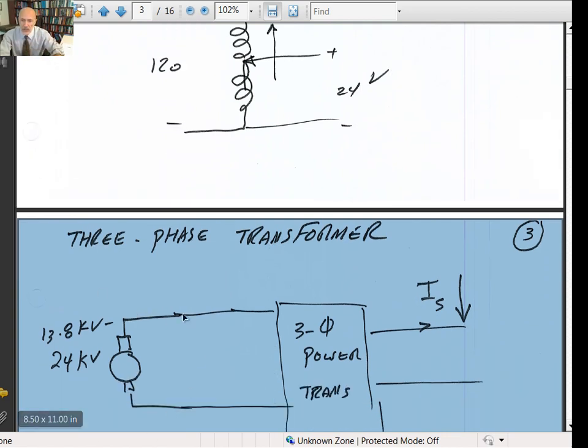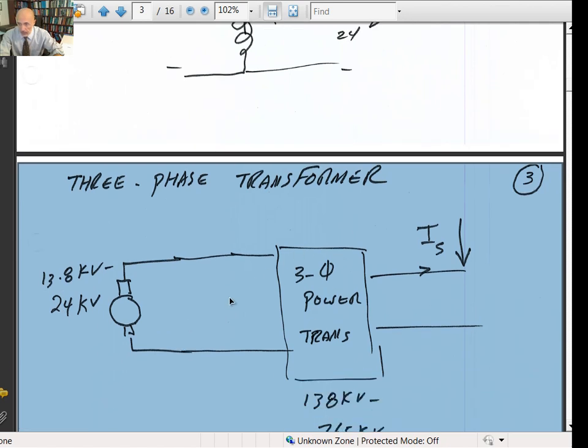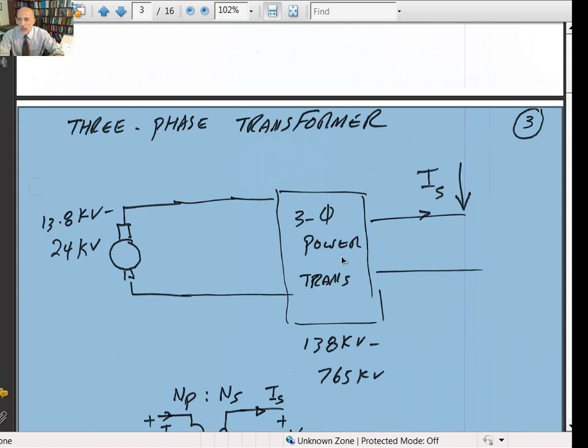Here's the generator, the power generator. We can generate from about 13.8 kilovolts to about 24 kilovolts. And that voltage is stepped up and jacked up to about 138,000 to 765,000 volts. And you do that with three-phase transformers.